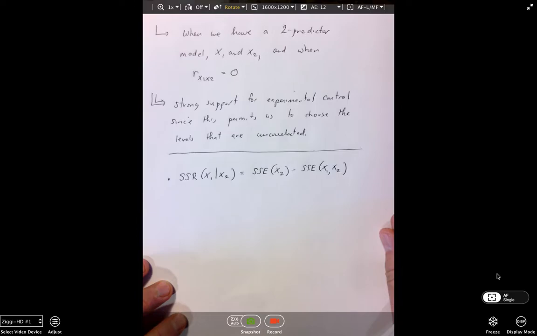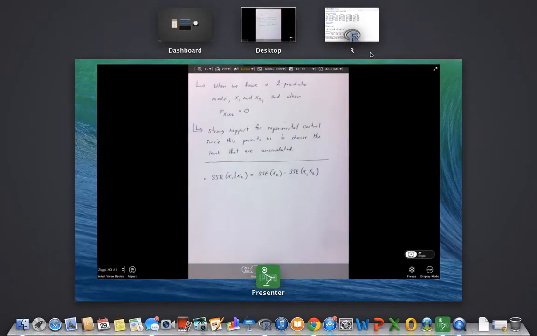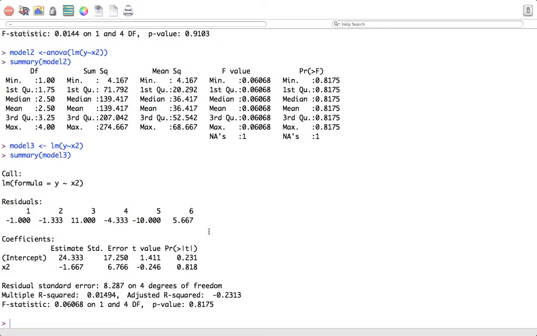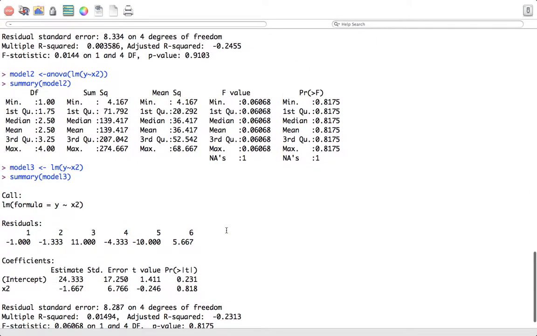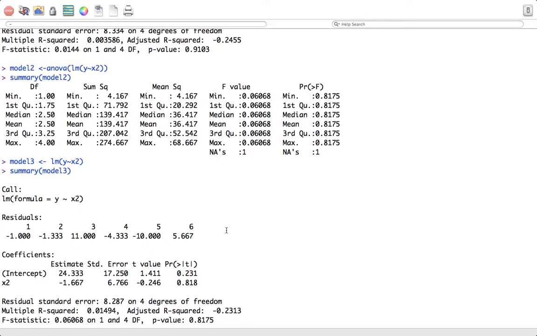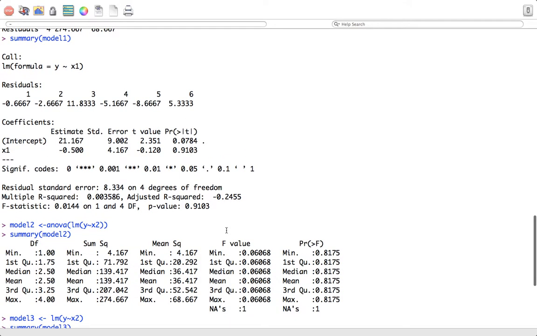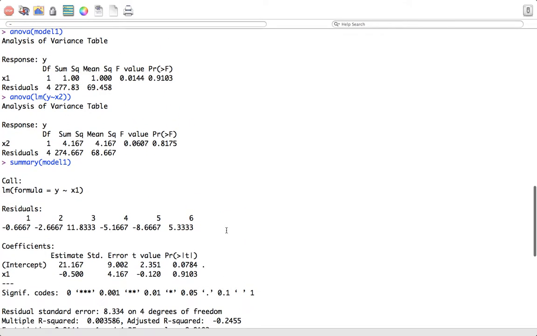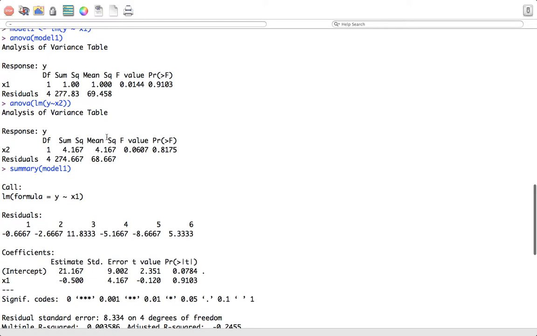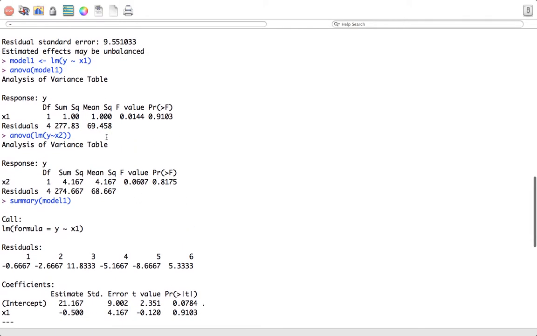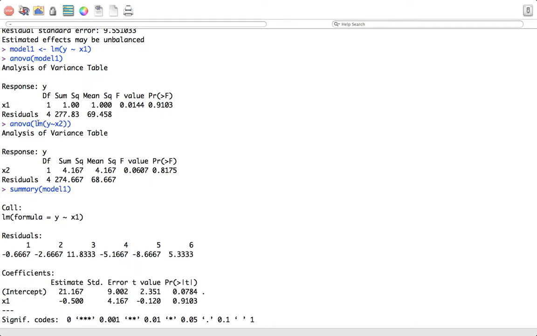Now let's go back to R. Now the error sum of squares when we just have x2 in the model. Where did we have that? Okay, here we go. When we just have x2 in the model, the sum of squares error is 274.667.